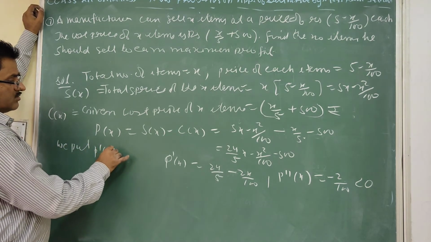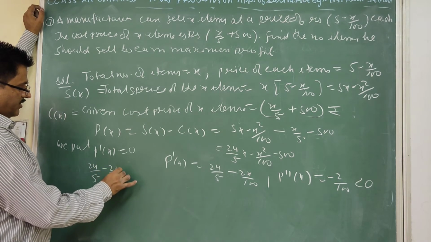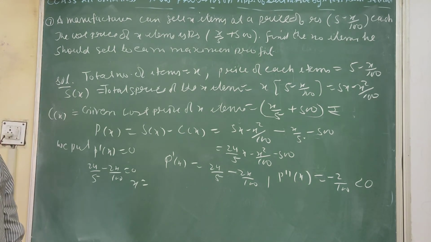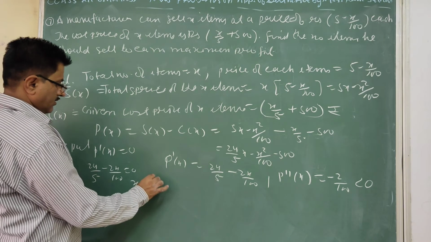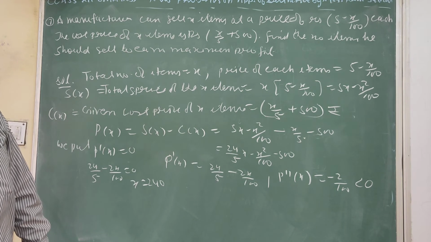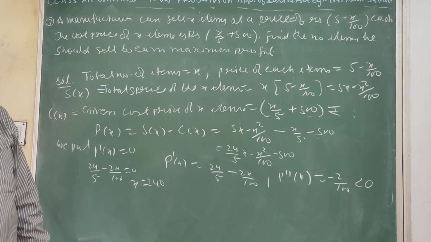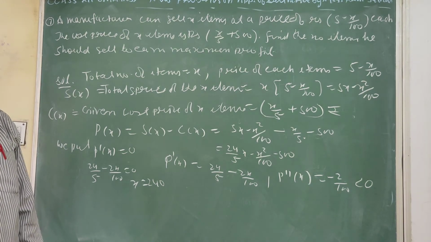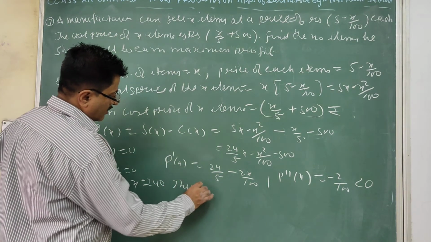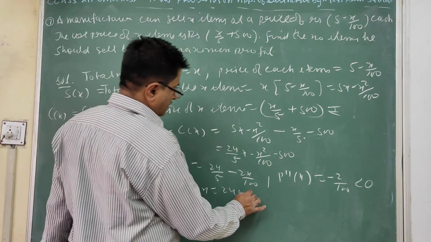Also we put P dash x equal to 0. So 24 by 5 minus 2x by 100 equals 0. You can solve from this, and the value of x will be 240. So the number of items is 240. At these items, the person has the maximum profit. Clear? So thus we can say x equal to 240 is a point of maxima.